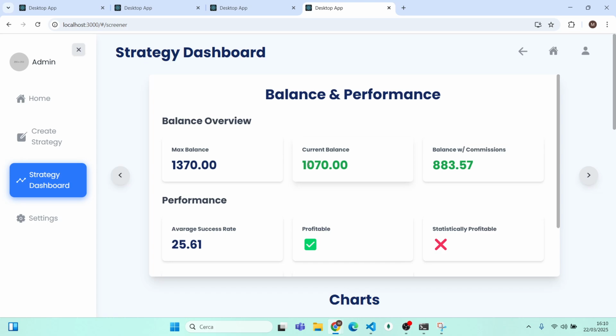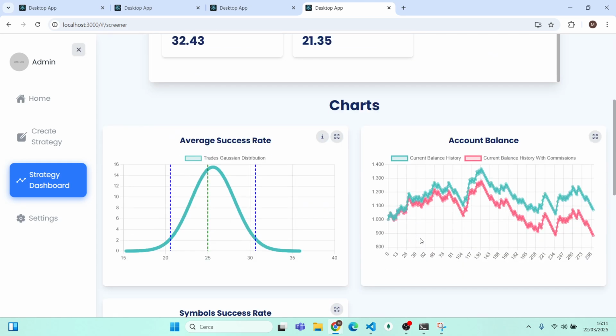These are the new results: $1,070 current balance. Before it was $60 lower. The maximum balance is $10 higher, and the balance with commissions is $80 higher.